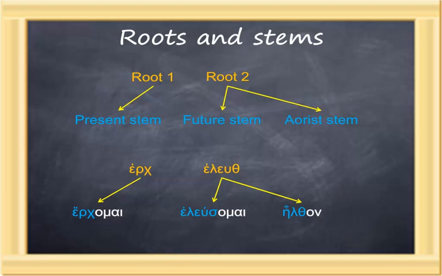But a different root, eleuth, is behind the future stem eleusomai. Remember a sigma and a dental. The dental drops out. But it's also behind the aorist stem. If you look carefully, you'll see the lambda and the theta present. The initial epsilon has lengthened to an eta, and the intermediate diphthong u has ablauted out, but it is the same root. So one root forms the present, another root forms the future and the aorist in this particular example.